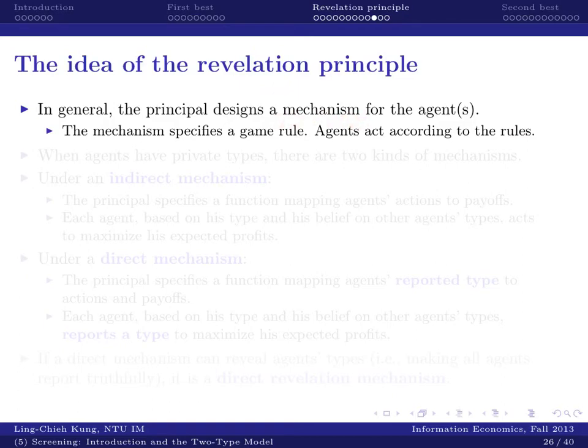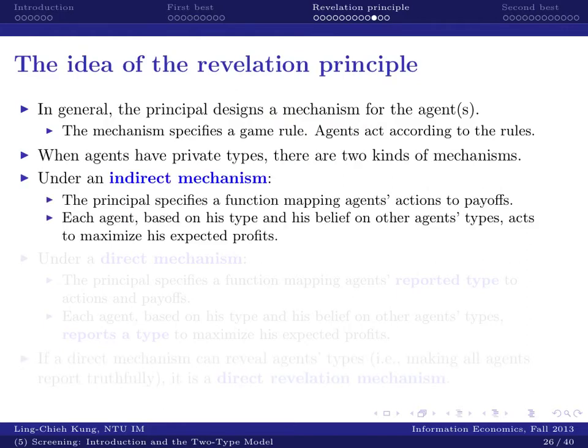So before that, let's categorize mechanisms. When an agent has a private type, at least there are two kinds of mechanisms. One is called an indirect mechanism. In this case, you specify game rules as follows. I say there is a function mapping your actions to payoffs.